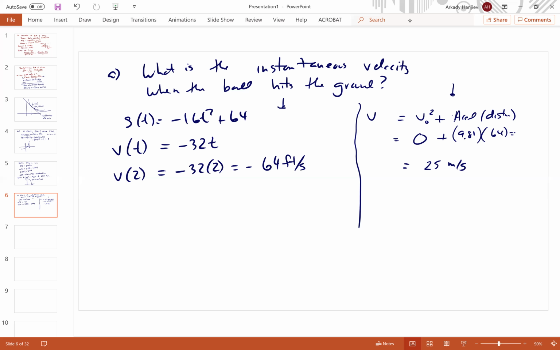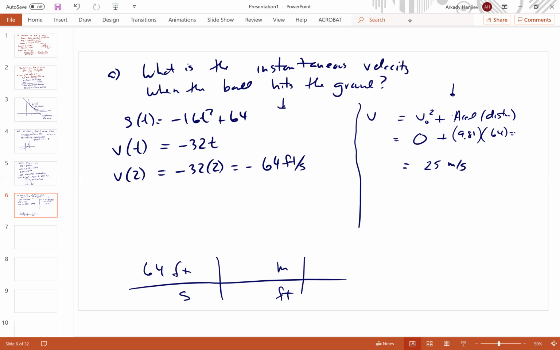Is 64 meters per second the same thing as 25 meters per second, the same thing as 64 feet per second? Anybody got a conversion between feet and meters? 64 feet per second to meters per second? So 64 feet going into meters. 64 feet is 19.5 meters.